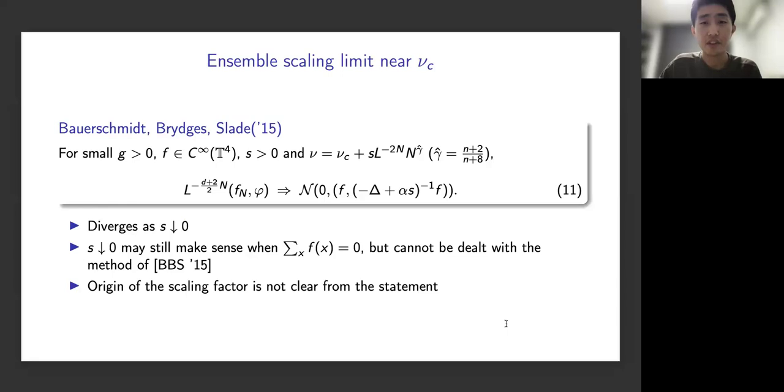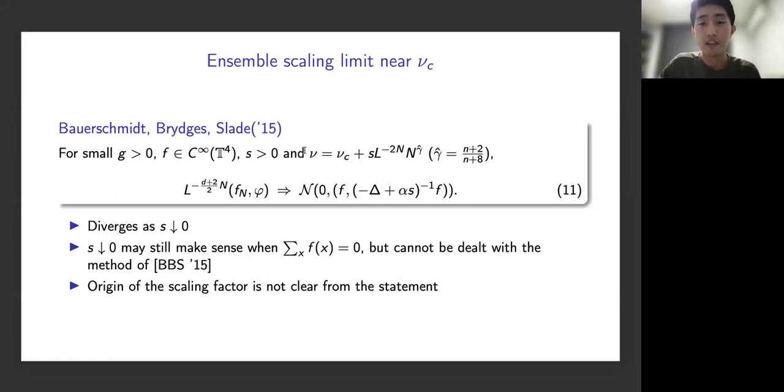The next result is about ensemble scaling limit where nu is close to nu_c. So in this second result, we are taking f to be a smooth function on the 4-dimensional torus and also s to be a positive number, and consider nu equal to the critical number nu_c from the previous slides plus s times L to the minus 2n times n to the gamma hat.